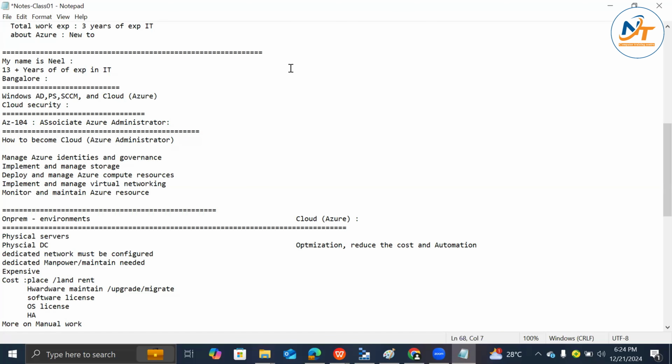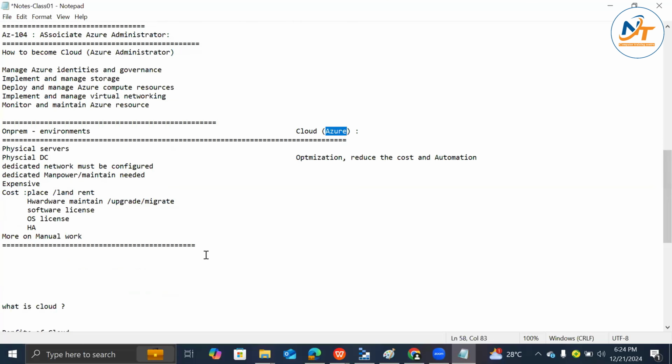But what Microsoft has suggested, specifically, the Microsoft product is Azure, says that across the world, Microsoft Azure has created data centers worldwide.